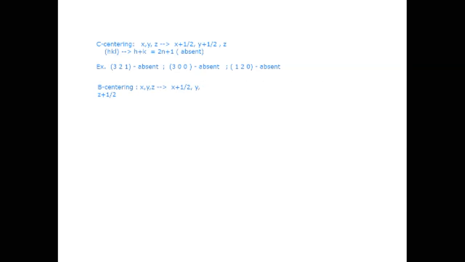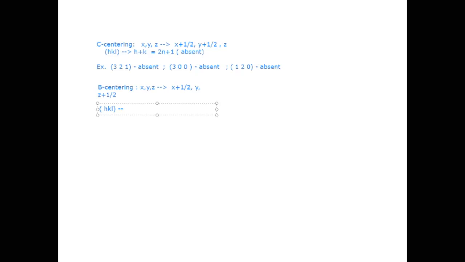And so here, since Y doesn't change sign, you have to include the K indices, and we see that X and Z are translated. So again, we have to look at the HKL indices, because K doesn't change, Y doesn't change sign, so we can't replace it with a 0. It has to include the HKL.